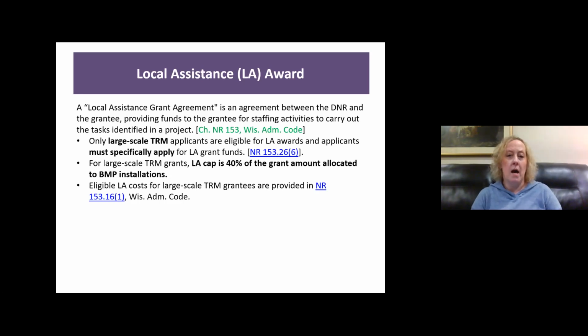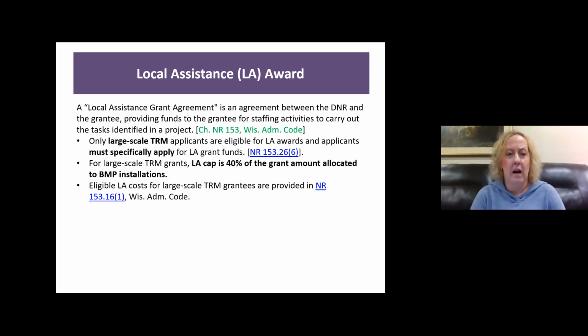So if you had a BMP grant amount you were requesting $200,000 in BMP costs, take 40% of that, and that could be the amount that you could request for local assistance costs to implement your project.